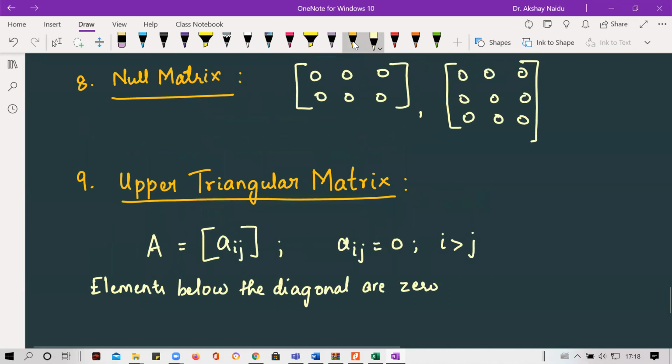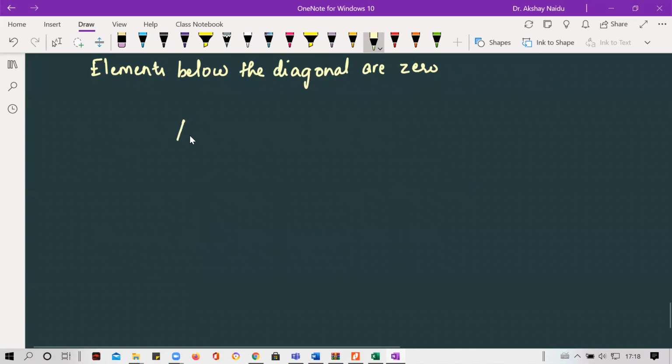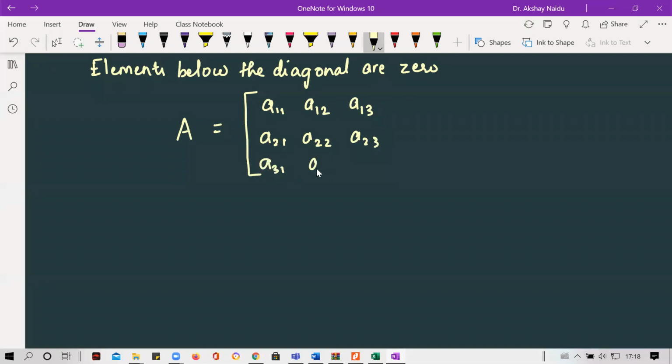So here you see A11, A12, A13, A21, A22, A23, A31, A32, A33. i is greater than j in these cases.